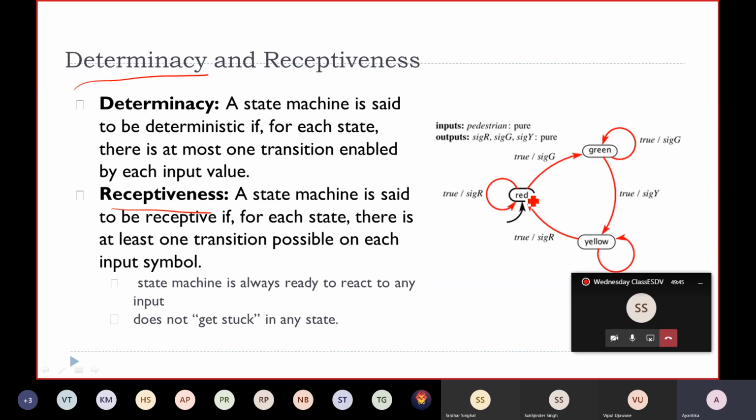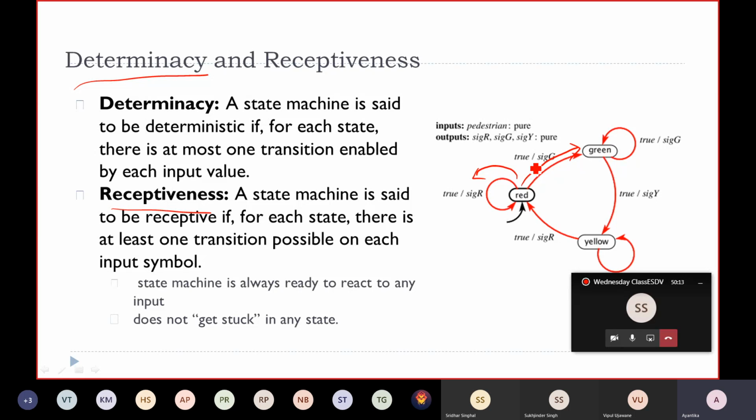But if you have not mentioned in your transition condition how much time it will retain in the red signal before it moves, then what are the possibilities? After a certain time, there may be confusion whether this red state will make a transition to green or it will retain this red state.